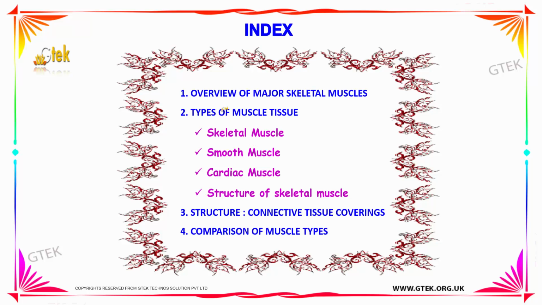We are going to see the overview of major skeletal muscles, followed by the types of muscle tissues, which includes the skeletal muscle, smooth muscle, cardiac muscle, and structure of skeletal muscle. Then we will be studying the structure of connective tissue coverings. We will also study the comparison of the muscle types.